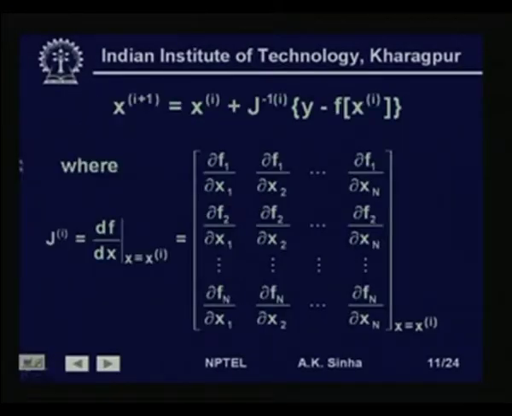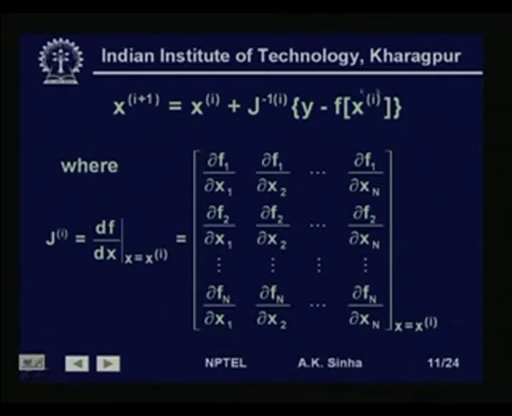So, for the iterative solution, this equation becomes like this: x at the (i+1)th iteration is equal to the value of x at the ith iteration plus J inverse, where we are writing (df/dx) inverse as J inverse. So, df/dx is our J. So, this is J inverse at the ith iteration into y minus f(x) at the ith iteration.